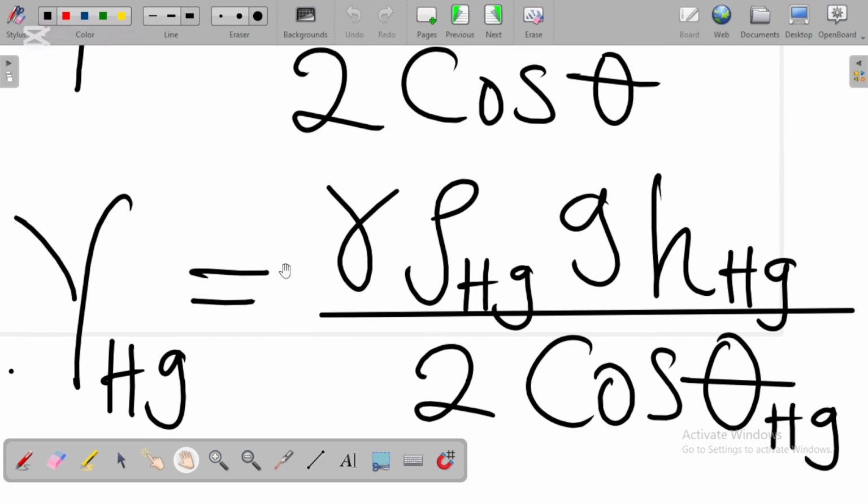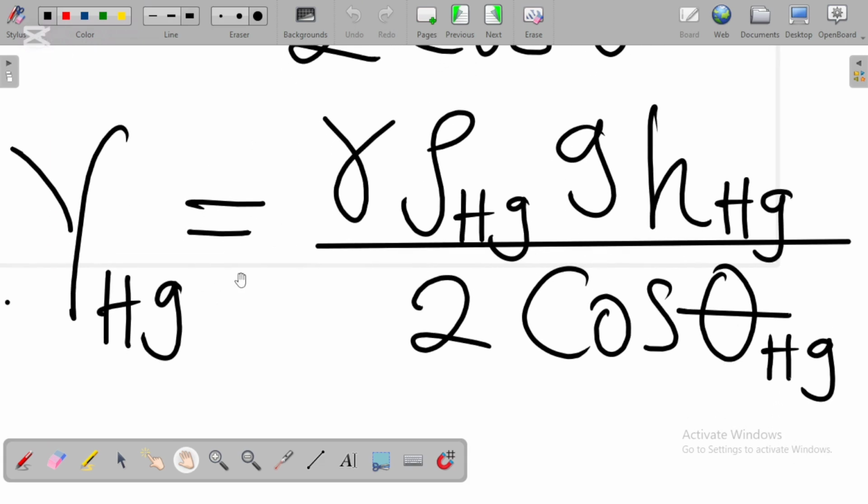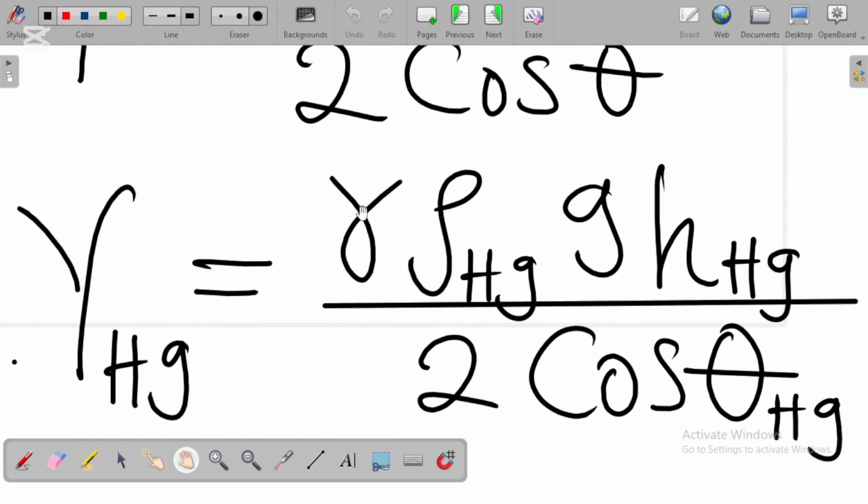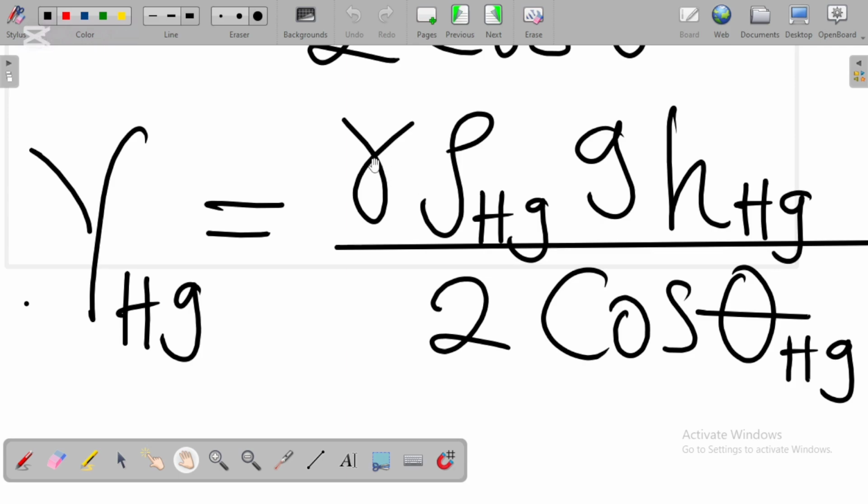Alright, so we can now substitute the parameters given in the question into this equation. Remember, in the question, we are asked to find the surface tension of mercury. Before now, we didn't have the value of R, the radius, which we have now calculated.